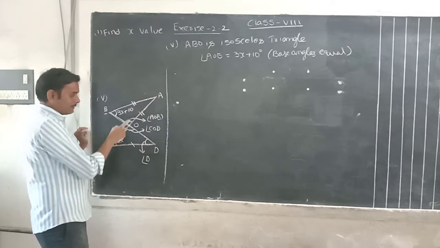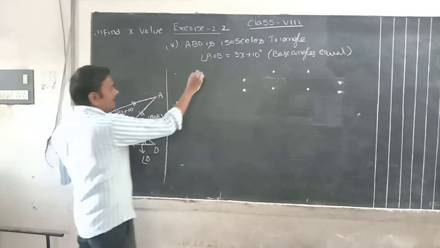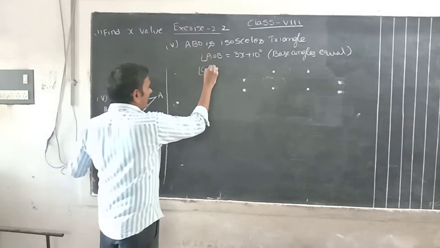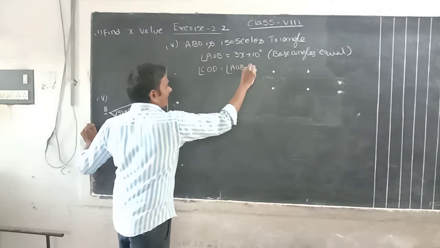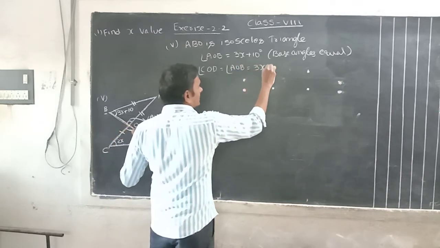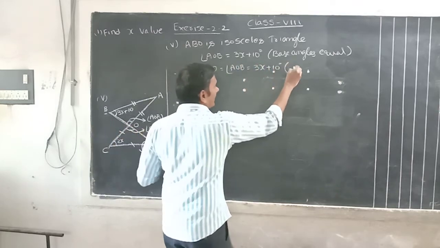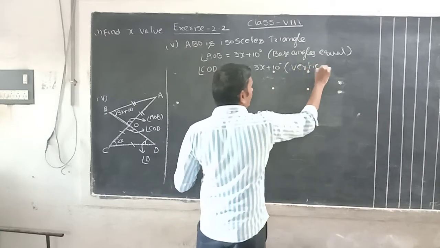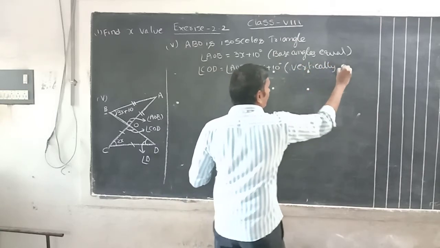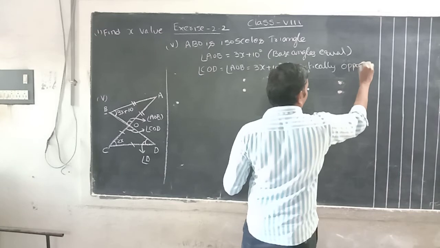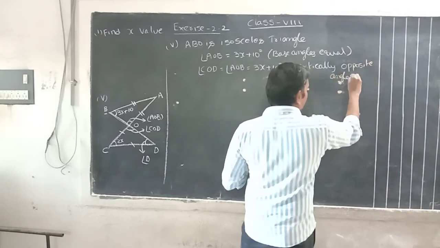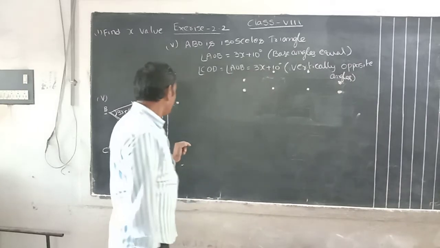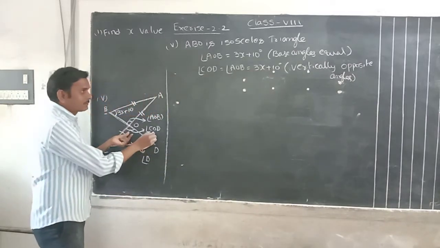These two angles are vertical opposite angles, and that means angle COD equals angle AOB, which equals 3x plus 10. That means we got angle COD also.